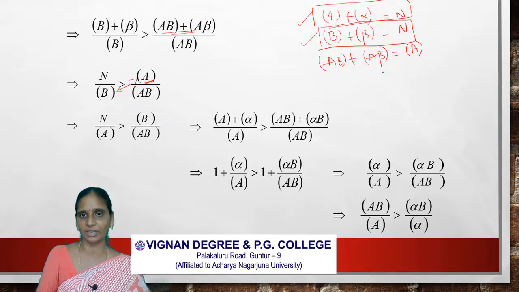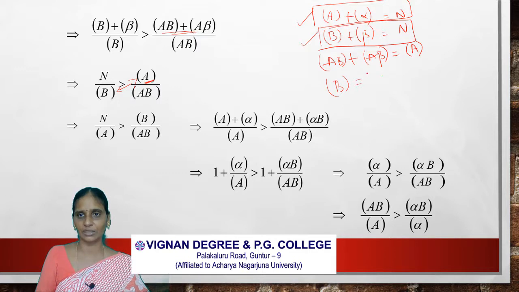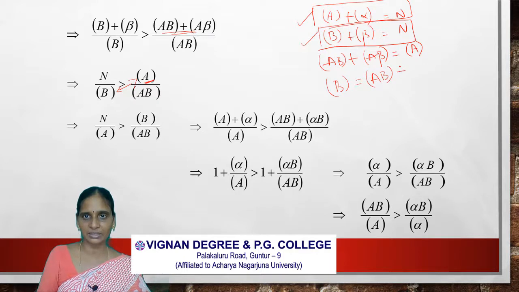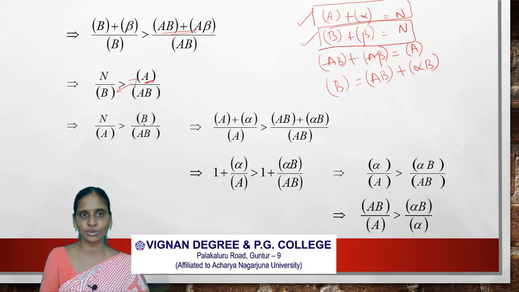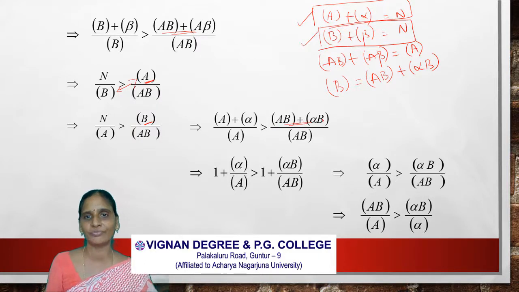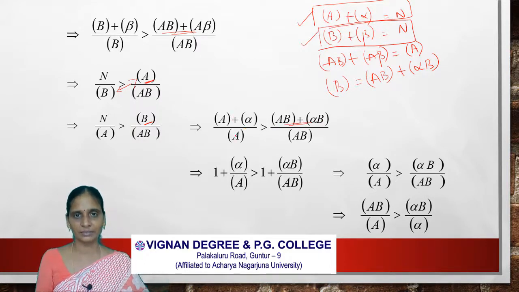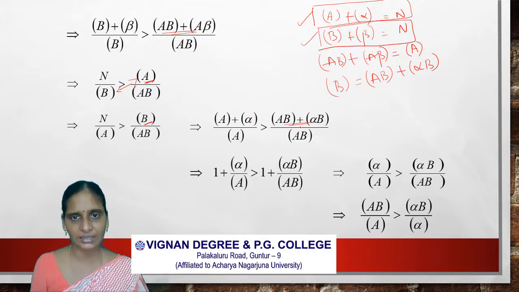Again frequency of B can be written in the second order class frequencies: frequency of AB plus frequency of alpha B. So here we have to substitute the value of frequency of B, frequency of AB plus frequency of alpha B. Then we have to split the left hand side expression and the right hand side expression.